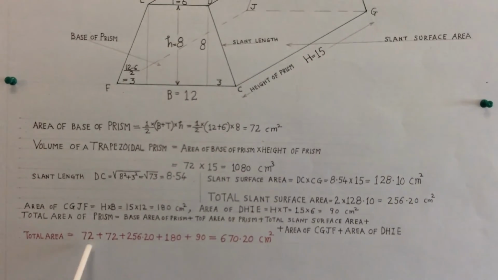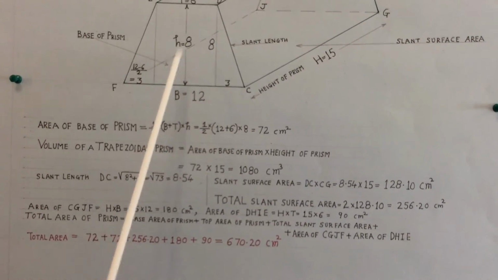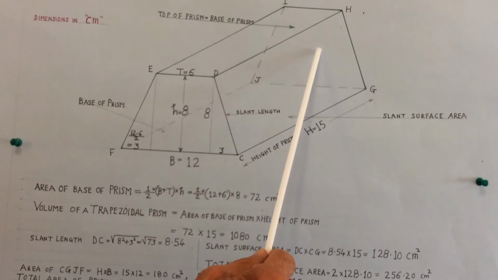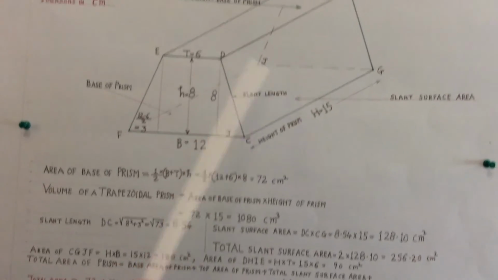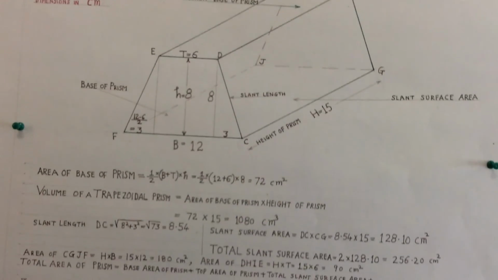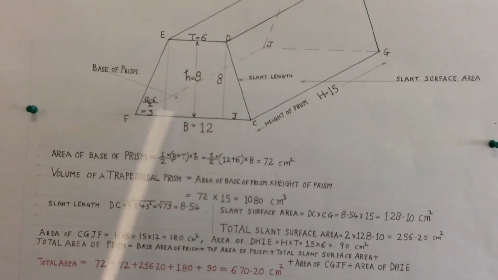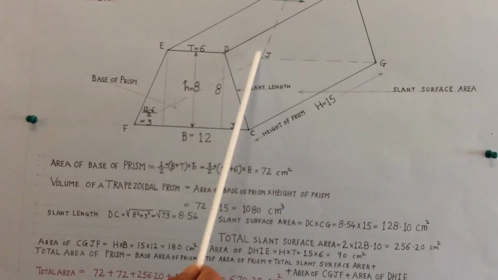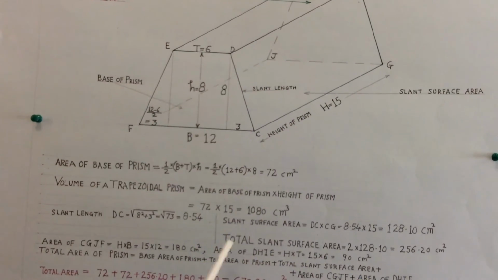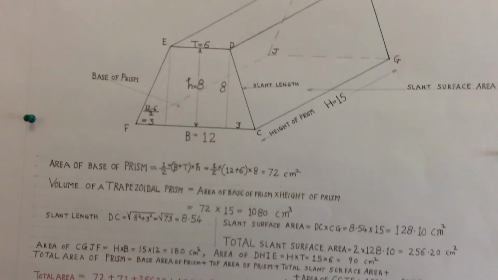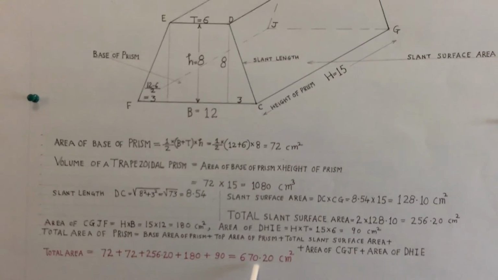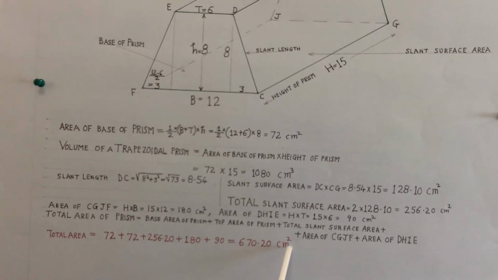So the total area will be 72 plus 72, plus 256.20 total of the slant surface, then 180 is this bottom, this CGJF, and 90 is the top area. If you make a sum of all these, it becomes 670.20 centimeter square.